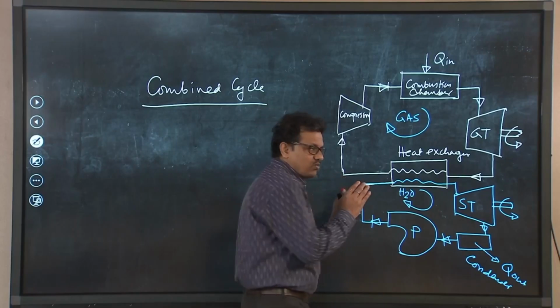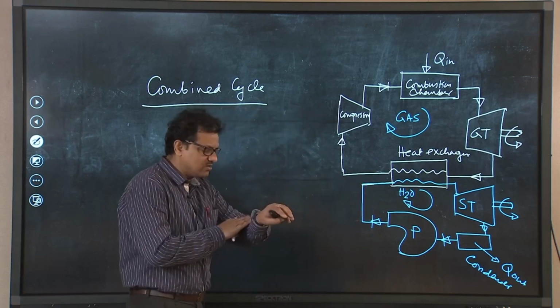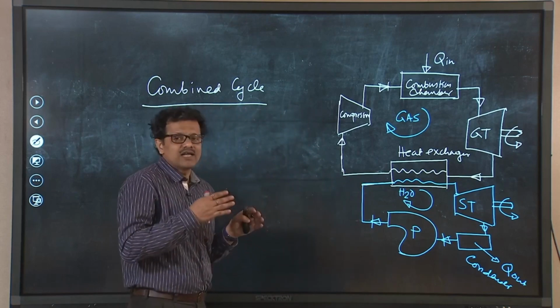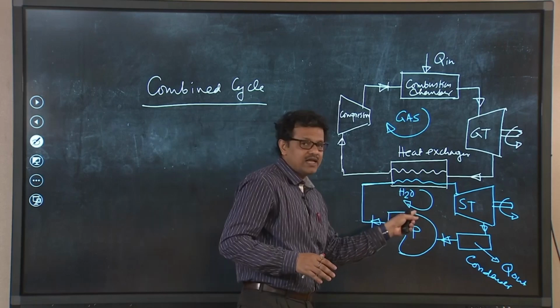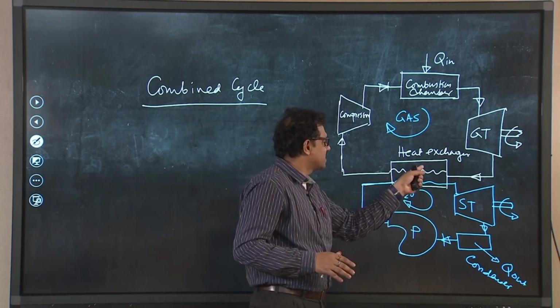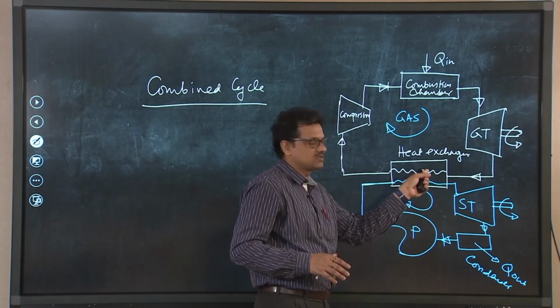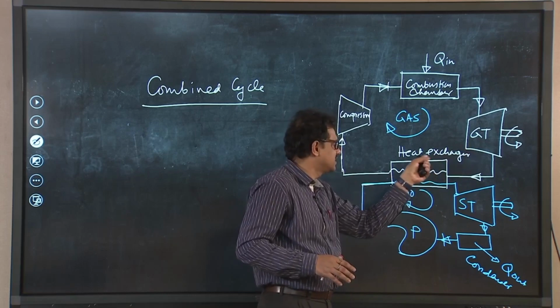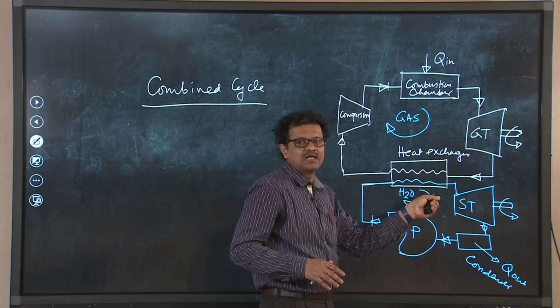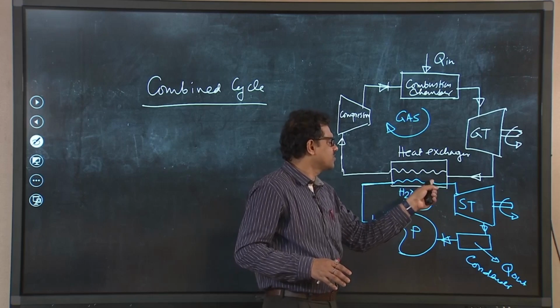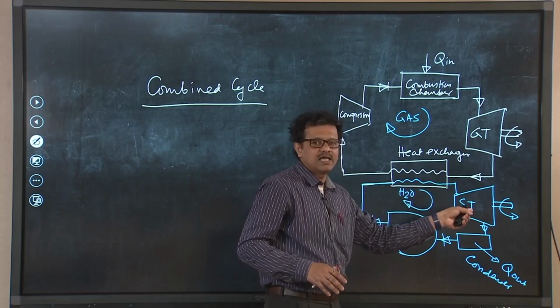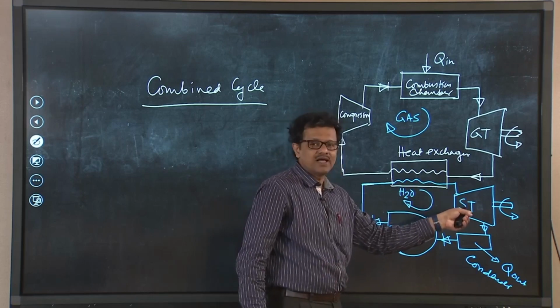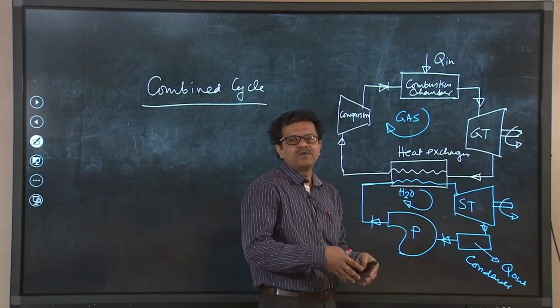We have discussed the steam power cycle and seen that a boiler will be there, but here there is no boiler. The energy released by the gas that comes out from the gas turbine in this heat exchanger goes to the working fluid, that is the water, and that water will be converted into steam and taken to the steam turbine, wherein the working fluid will expand.